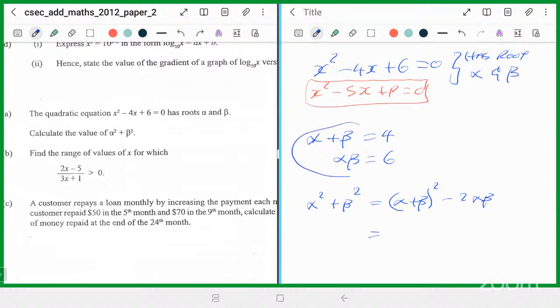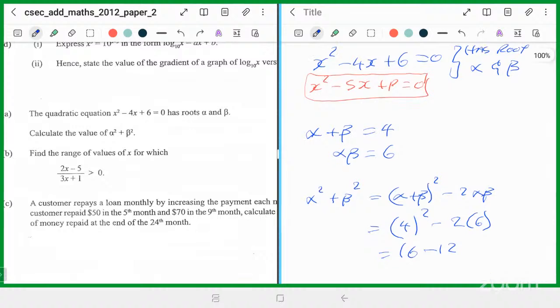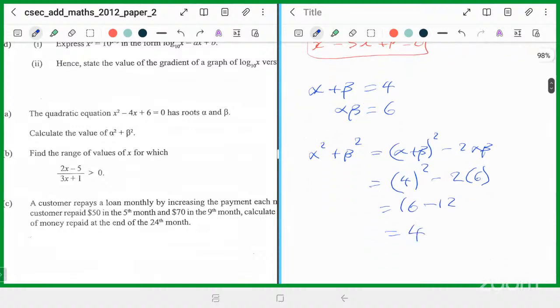So using these two values, alpha plus beta is 4, so it's 4 squared minus 2 times alpha beta, which is 6. That becomes 16 minus 12, which is 4. So the answer is 4 for this one.